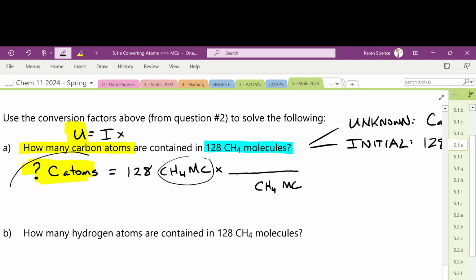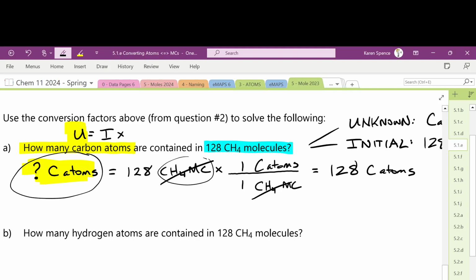What do we want to find? Carbon atoms. Okay, and then we can say, how many carbon atoms were there per CH4 molecule? Well, there was 1 carbon atom per 1 CH4 molecule. CH4 molecules cancel out, and we get 128 carbon atoms.